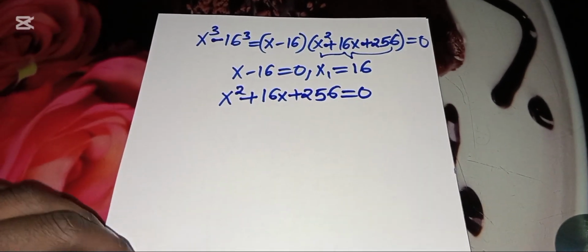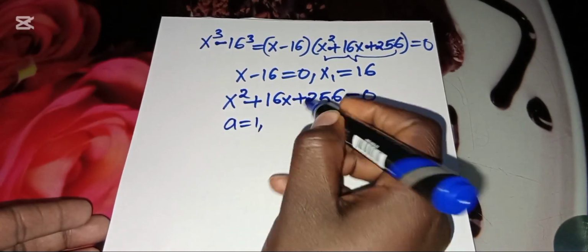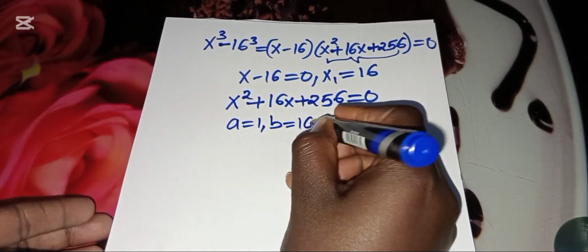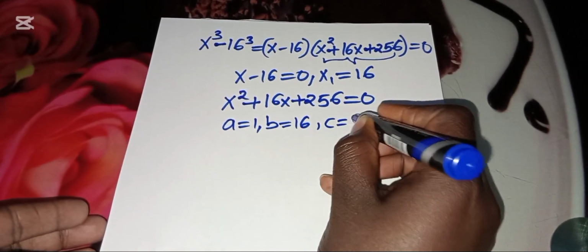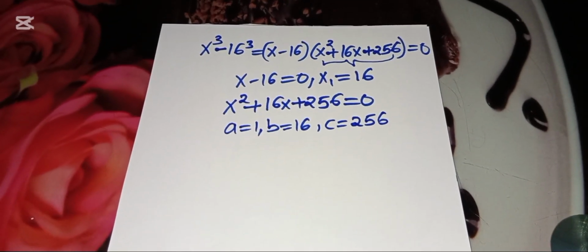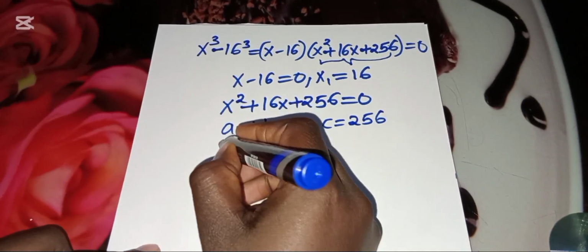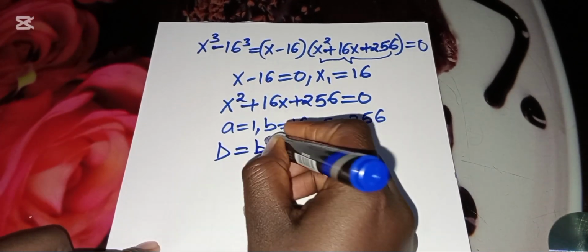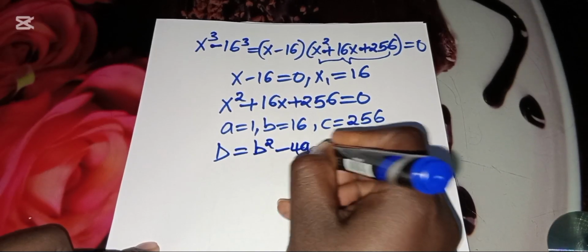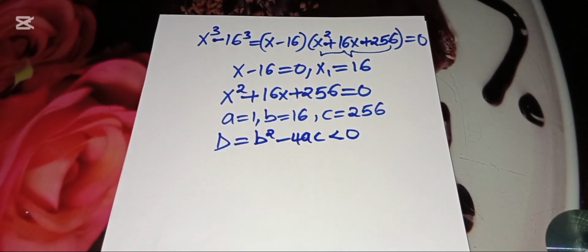That's a quadratic equation, with a equal to 1, b equal to 16, and c equal to 256. Now if we evaluate the discriminant of this quadratic equation, which is b squared minus 4ac, if it's less than 0, that shows that we have complex roots.